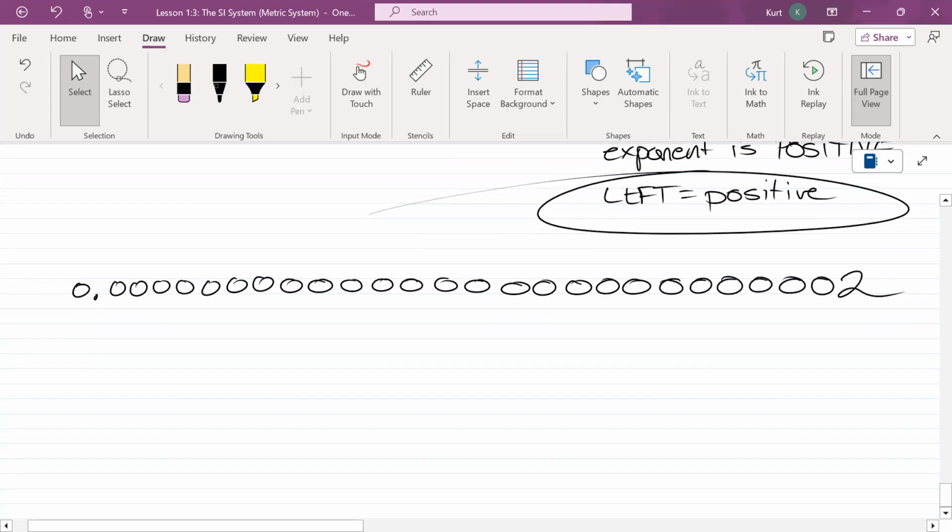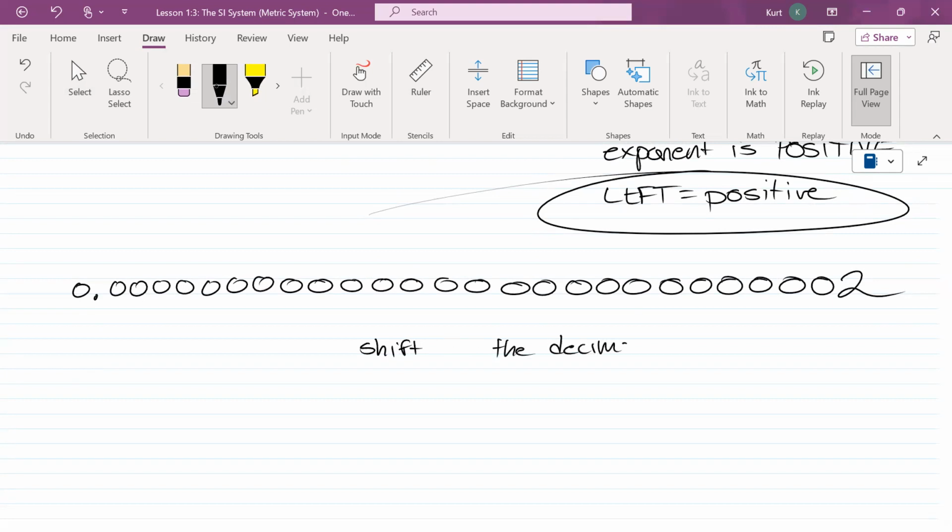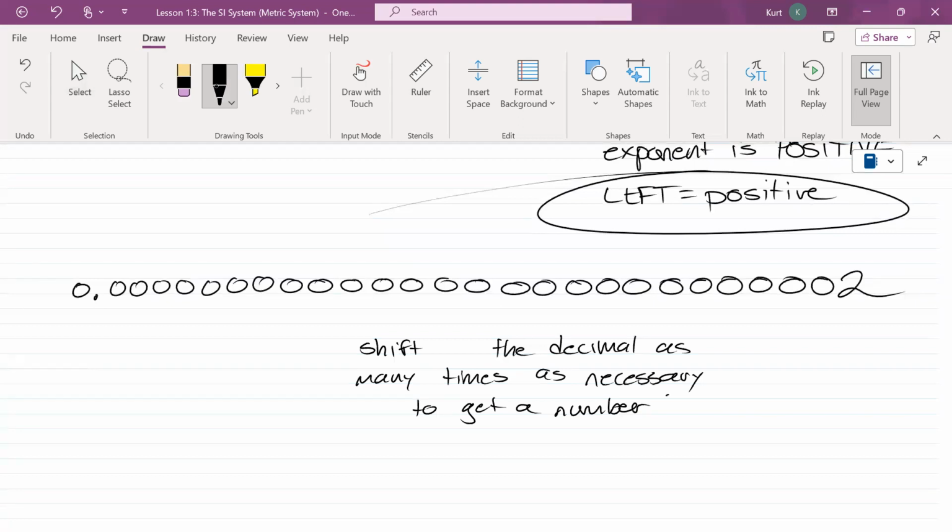So with this one, shift the decimal as many times as necessary to get a number between 1 and 10.